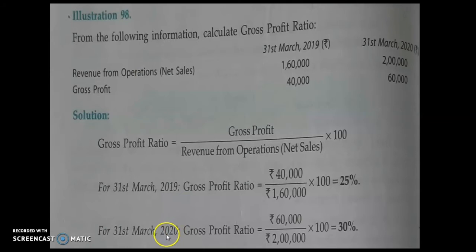For the year 31st March 2020, use the amounts of 2020. Gross profit for that year is 60,000 divided by revenue from operation, 2 lakh, into 100, and you will get the answer as 30%.